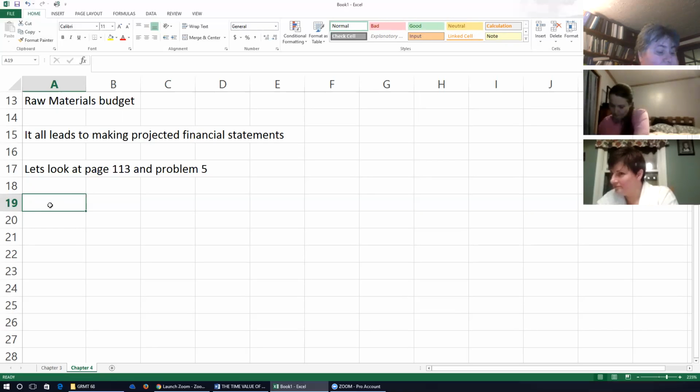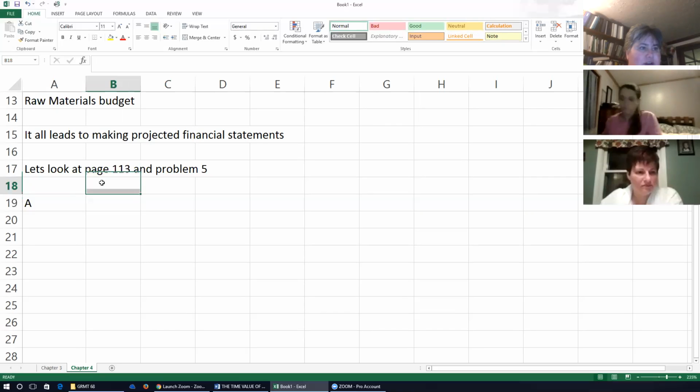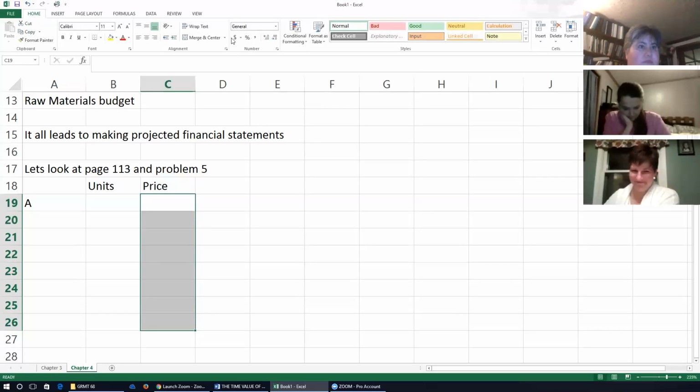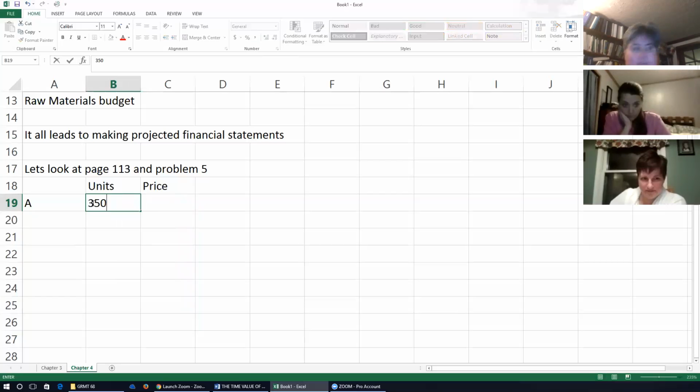It says that we could sell 350 products at $21 a piece if the year goes like that, the way they expect. So let's talk about this being, I'm going to turn the chart around a little and say units and price. That dollar amounts. And the units are 350 at $21 a piece.